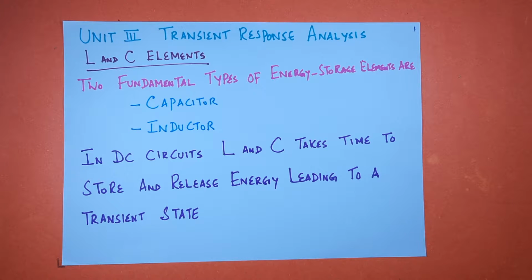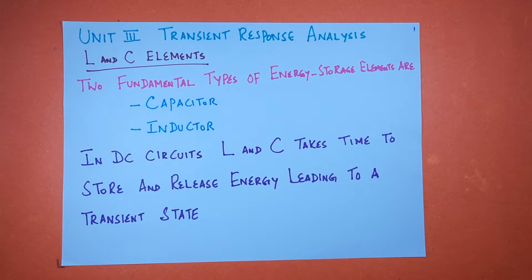R is the resistor, L is the inductor, C is the capacitor. In a resistor, energy is dissipated in the form of heat, right? A resistor cannot store any energy, it can only dissipate the energy in the form of heat. Whereas an inductor or capacitor can store the energy and then release the energy. So that will lead to a transient state.